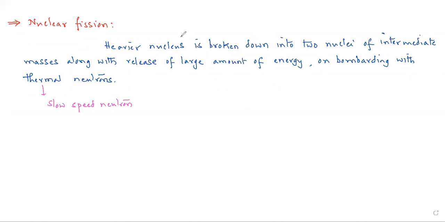In this, a heavier nucleus undergoes fission into two lighter nuclei of intermediate mass. Along with that, an enormous amount of energy is released.